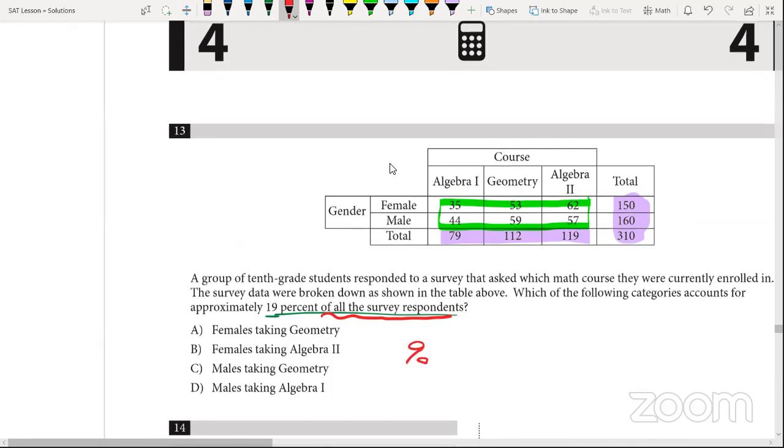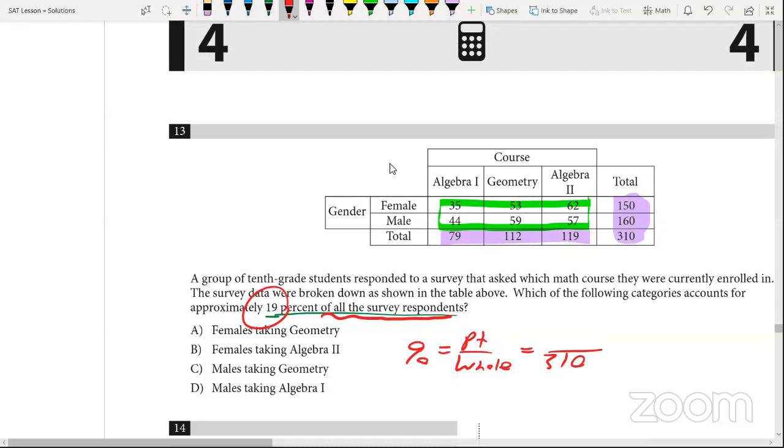So a percent is a part over the whole. So if we're taking it out of all of them, then the number on the bottom is just going to be 310 no matter what. So now what number over 310 is going to give us 19%? And we can pretty much try all the numbers here. So 35, I'm just doing this on my calculator, 35 divided by 310 is 0.11. 53 divided by 310 is 0.17. 62 divided by 310 is 0.2.